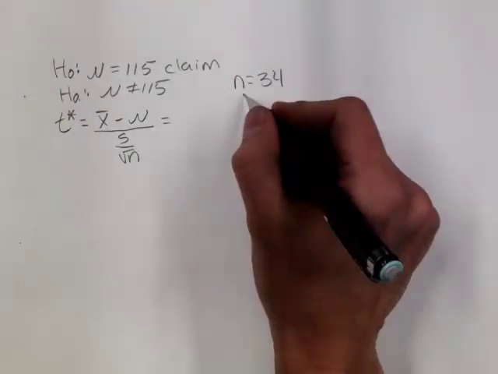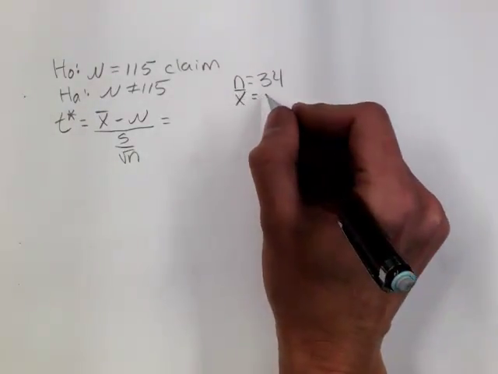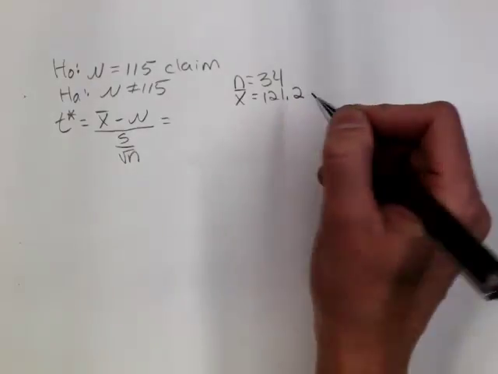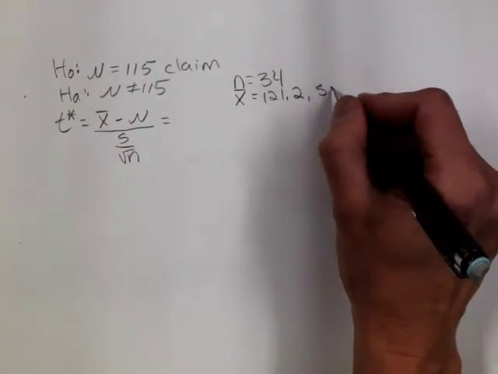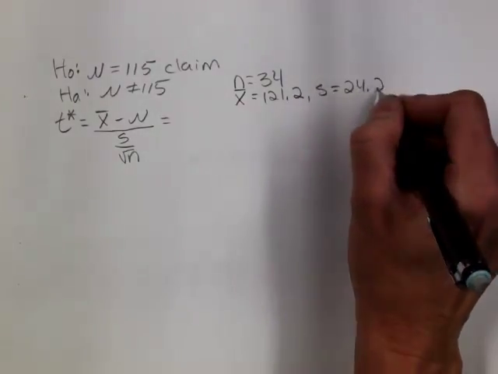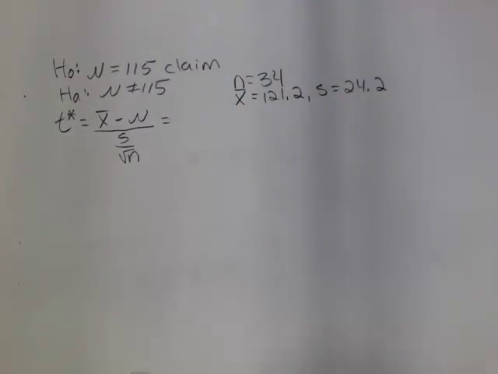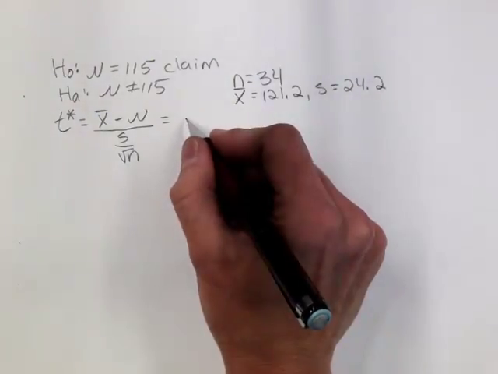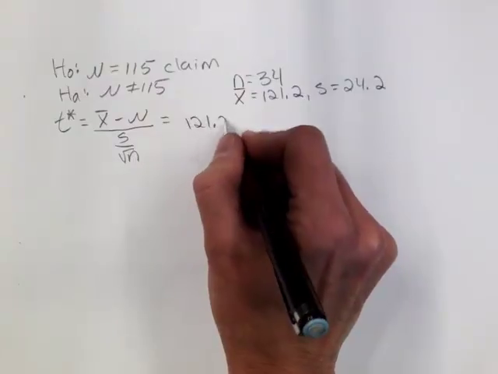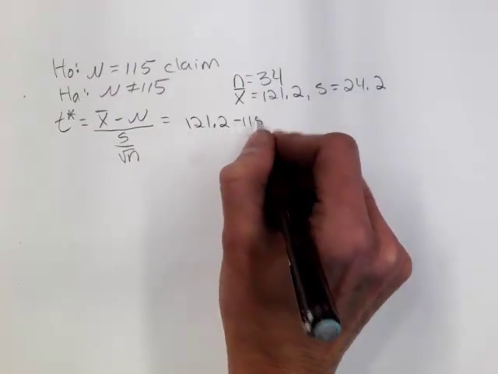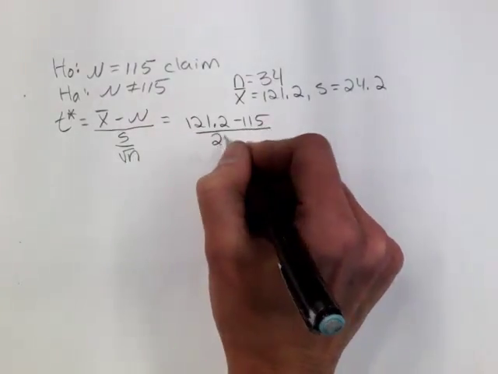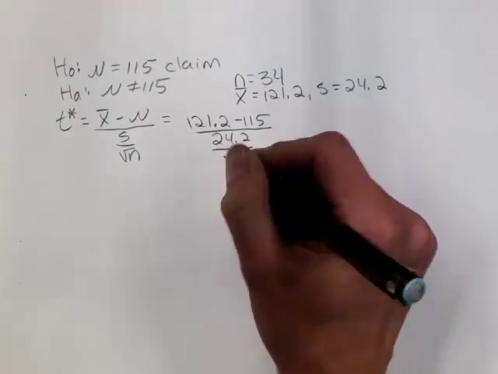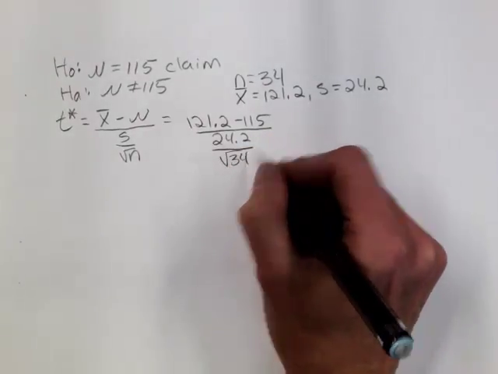We had a mean of 121.2 and a standard deviation of 24.2. So to do this by hand, I would just plug and chug. I've got 121.2 minus 115 over 24.2 over the square root of 34.